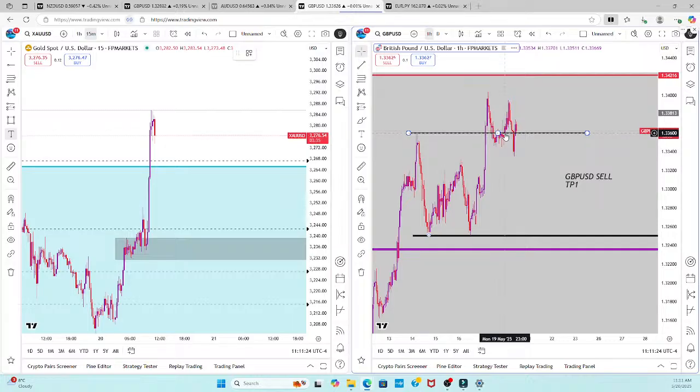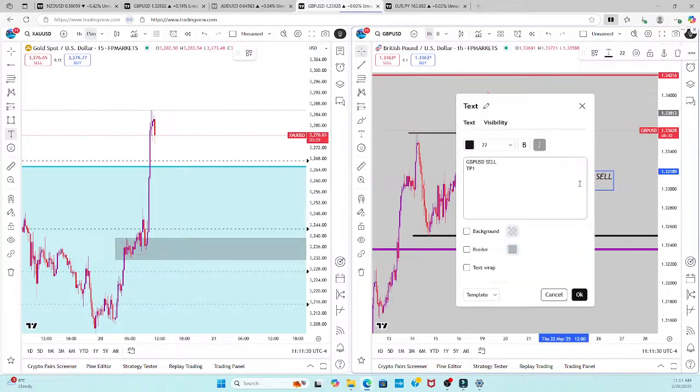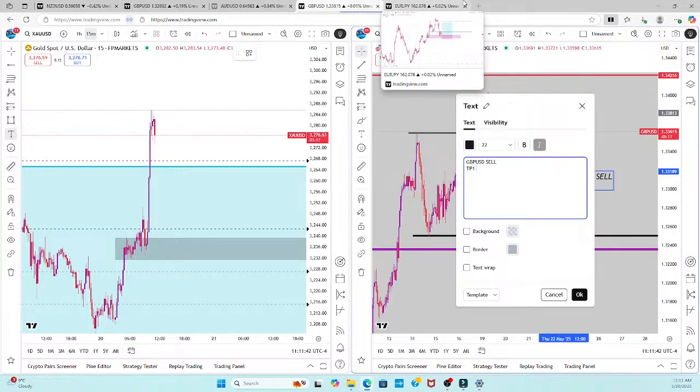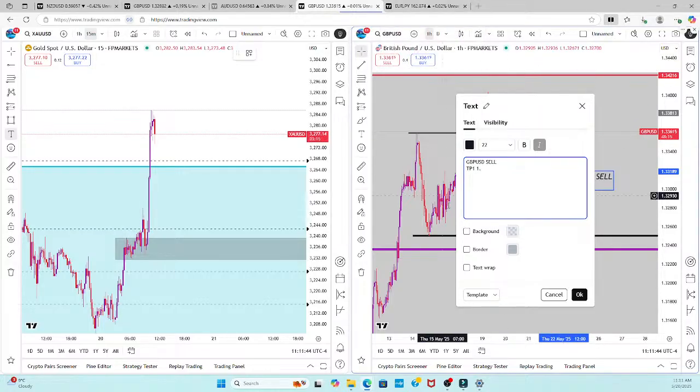All right, sorry about that. So this is the price target for GBPUSD. I just shared it in the Telegram channel. I'm going to type it here as well. TP1 1.30.